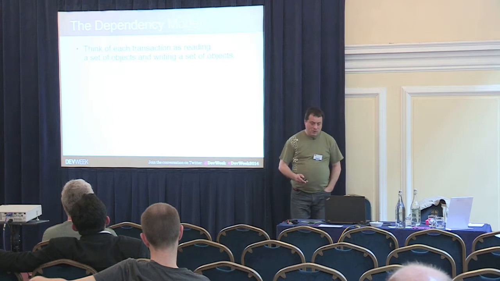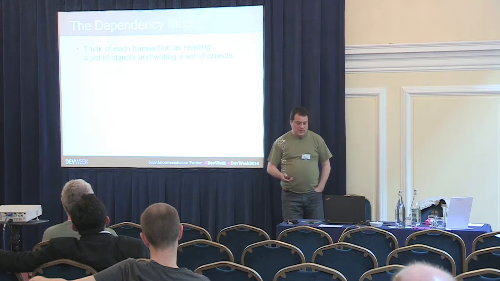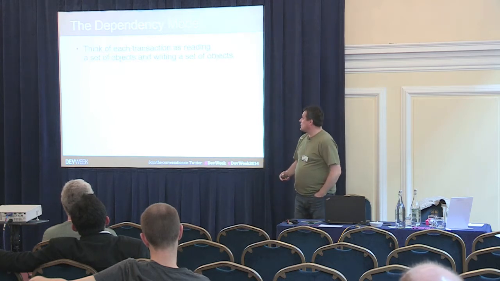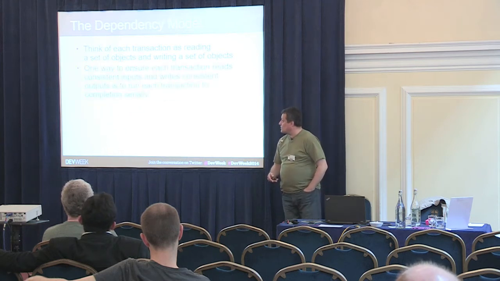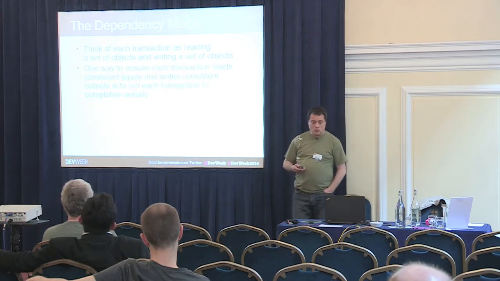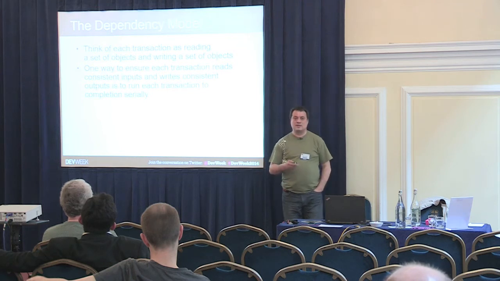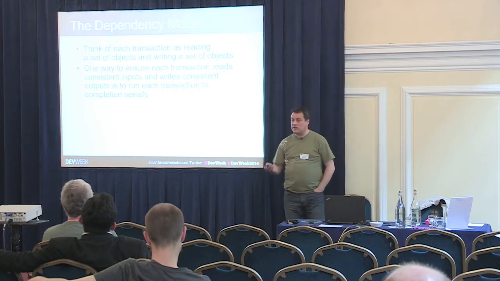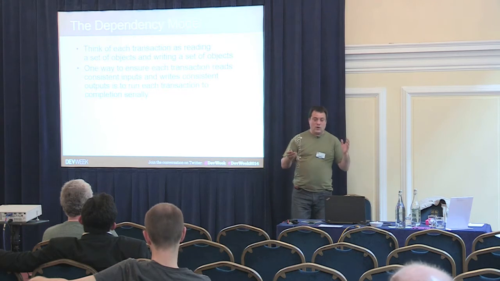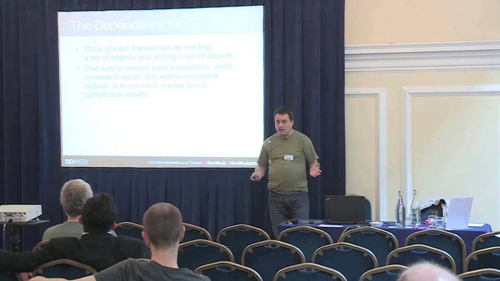Now, dependency model, what does it mean? Each transaction is reading a set of objects and writing a set of objects. And one way to ensure that each transaction reads consistent input and writes consistent output is to run each transaction completely serially.